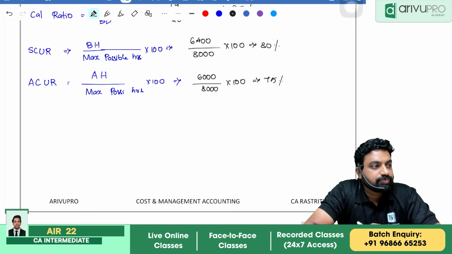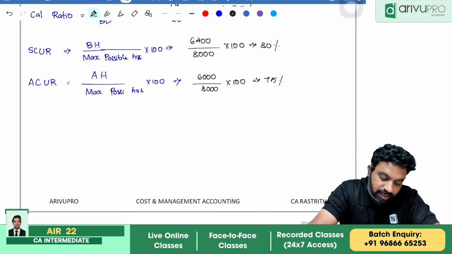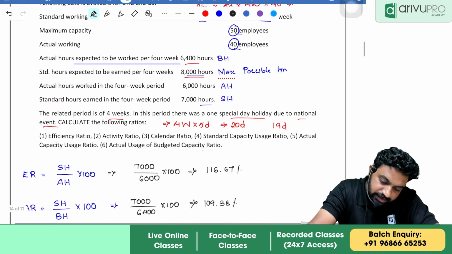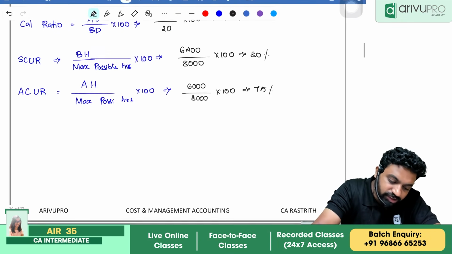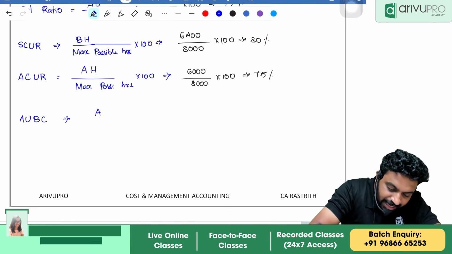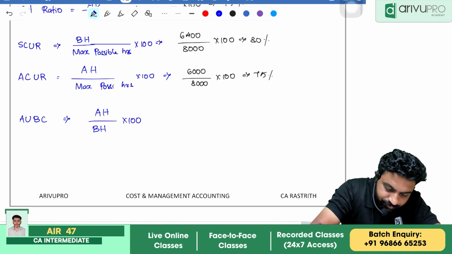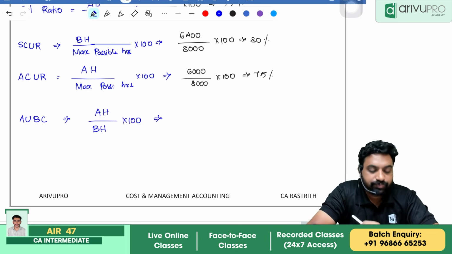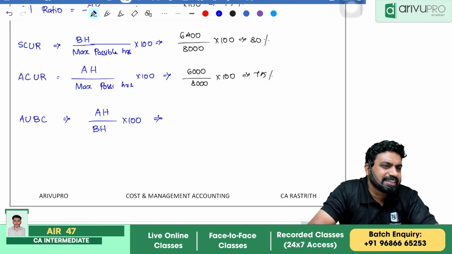Is that clear? Done. One last. Actual usage of budgeted capacity. That is actual hours by budgeted hours into 100. This is nothing but your capacity ratio.